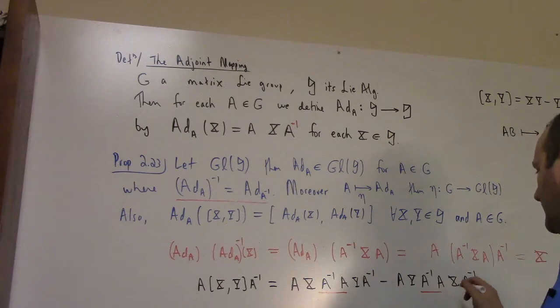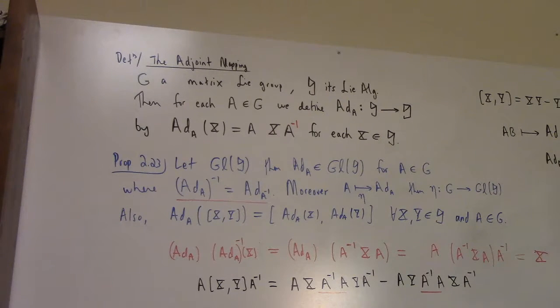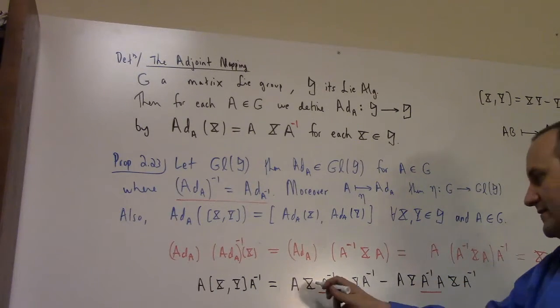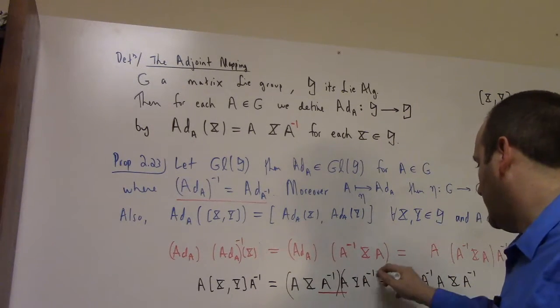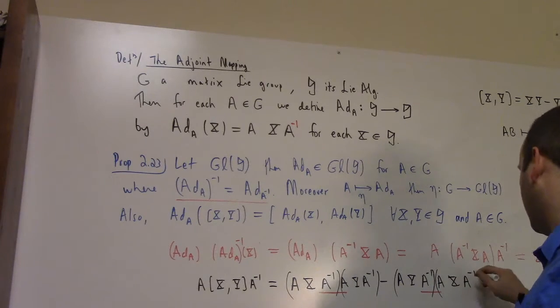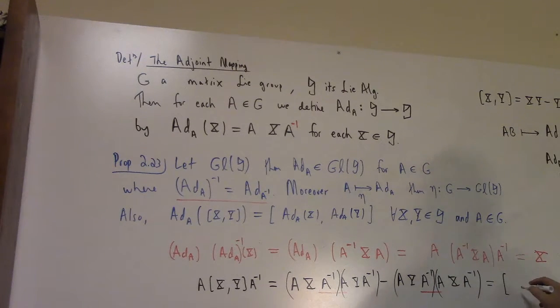This and this I created from thin air. Now what we're looking at is this minus that, and that is exactly the commutator of A X A inverse, A Y A inverse. This would actually be a friendly linear algebra homework.